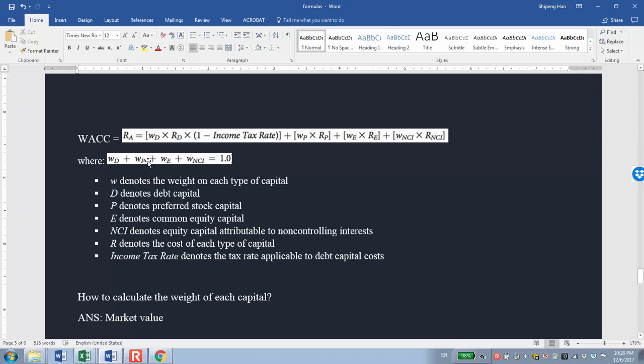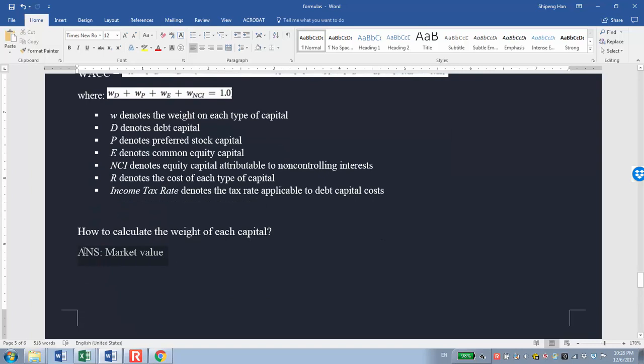WD, WP, WE, WNCI just represent the weight of each type of capital. When we calculate the weight, we should use the market value. If the market value is not available, we can just use the book value of the latest year.